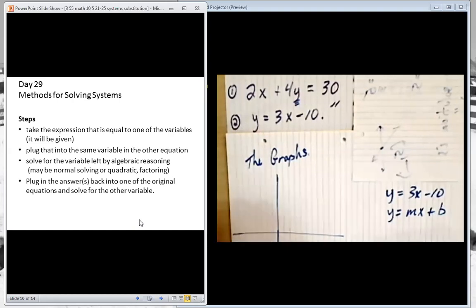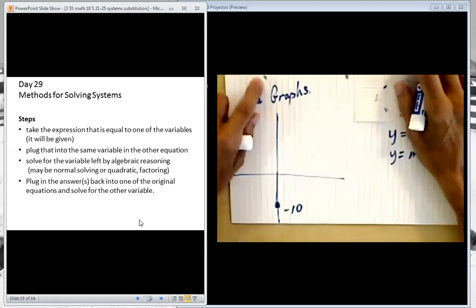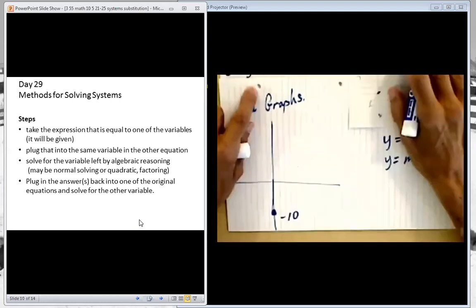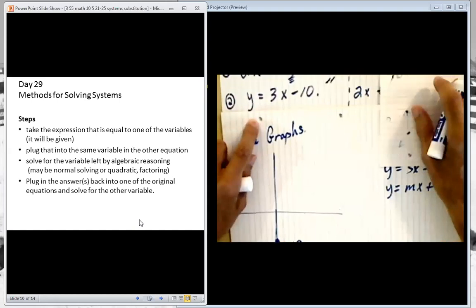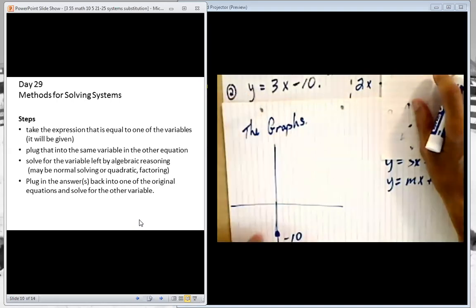Okay, so that's 1 point on graph number 2. Okay, so I'm graphing this line first. Down at minus 10 is one of the points.